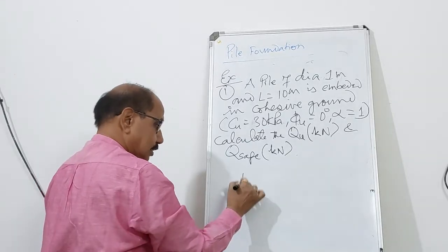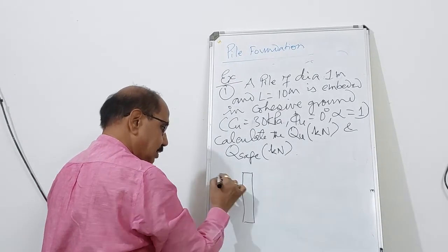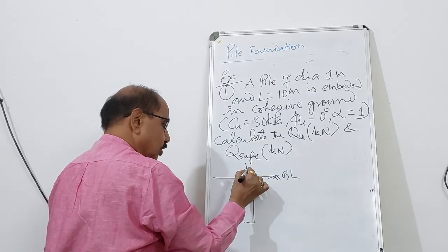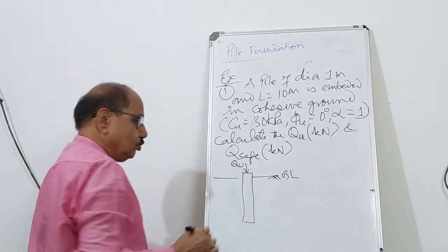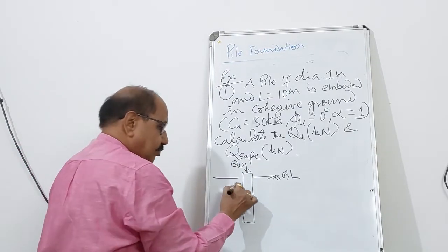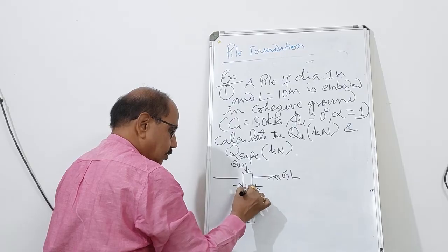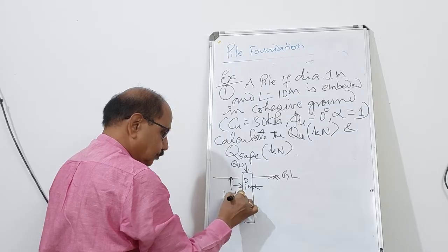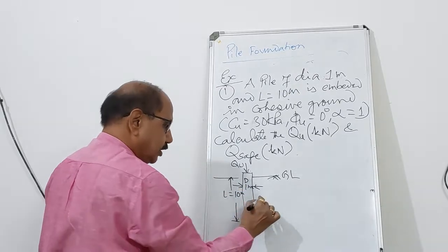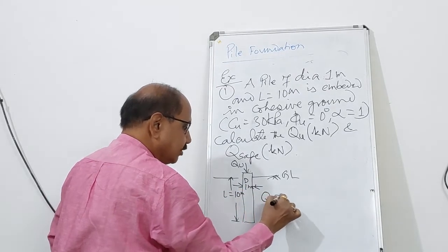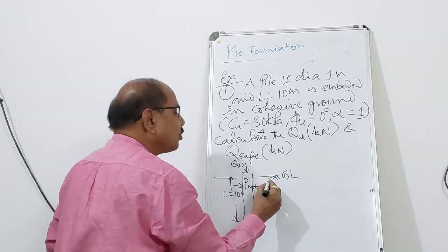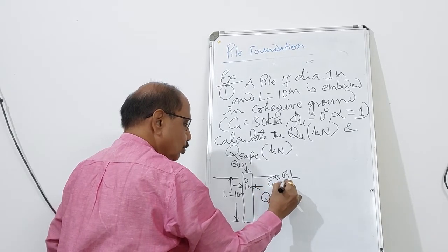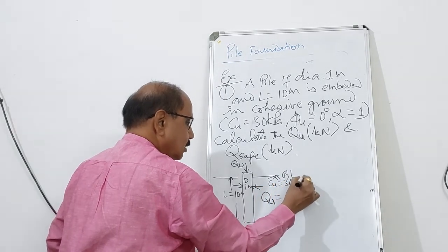So you can have a pile, the schematic diagram, below the ground level. You want to find out the ultimate load Qu. The diameter of the pile is given to you as 1 meter, and the length of the pile is given as 10 meter. Naturally, you can find out the ultimate load carrying capacity of this pile if you know the ground properties. The ground properties are given here, that Cu is 30 kilopascal.